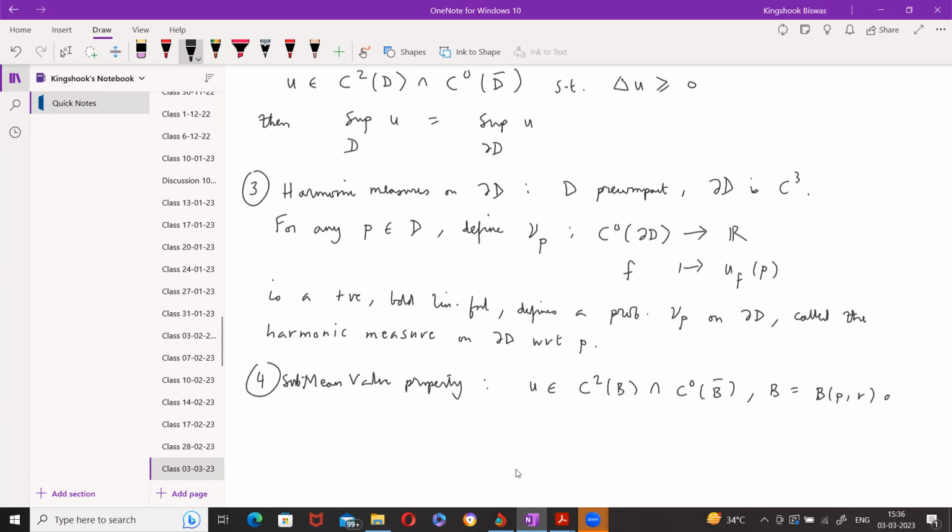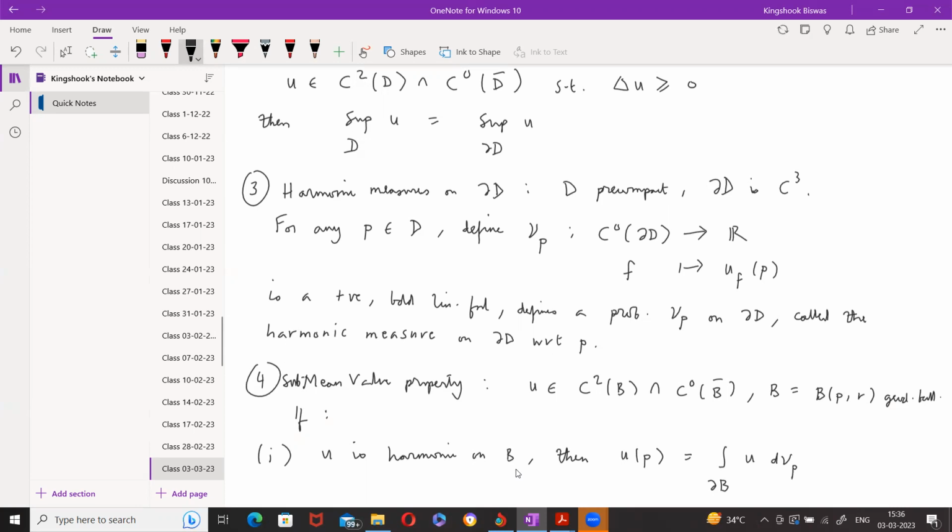Okay. So then if U is harmonic on B, then by definition, U of P is equal to the integral over boundary B of U with respect to harmonic measure based at P. Right?